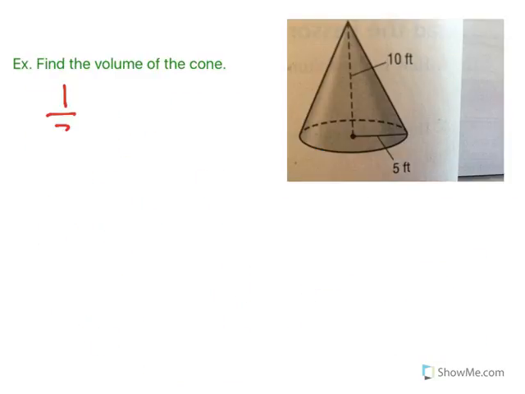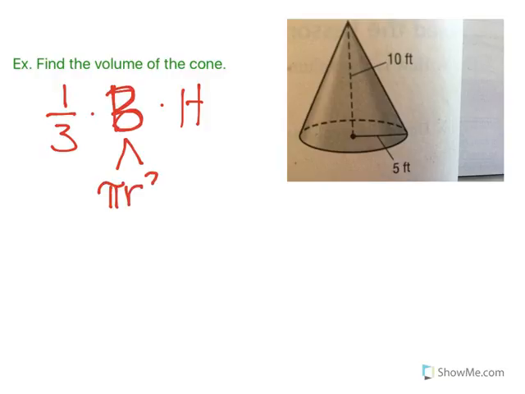Again, I'm going to rewrite the formula, 1/3 times my base, or area of my base, times my height. Again, I should actually do this in capital letters. The capital B means the area of the base, not just the base. Okay, and I know the area of the base is the area of a circle, and the area of a circle is pi times the radius to the second power.